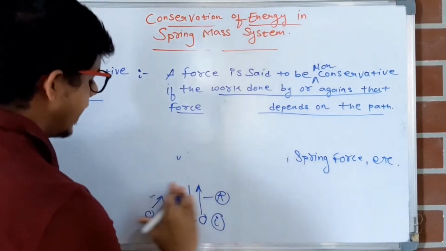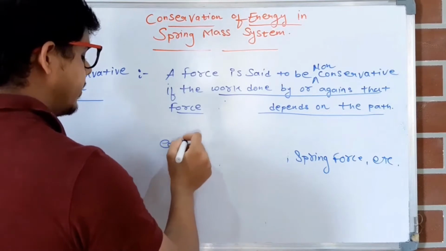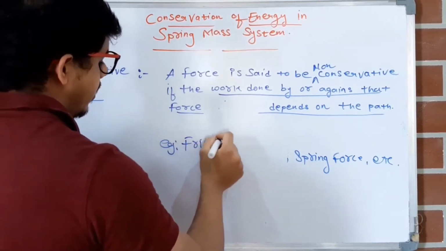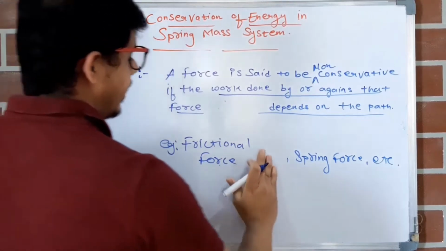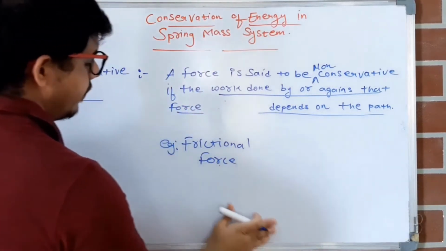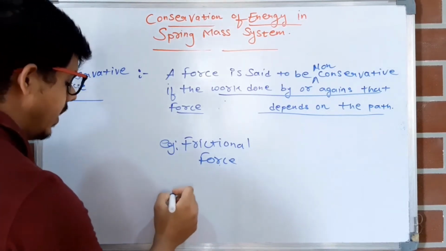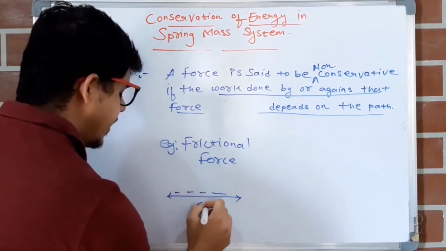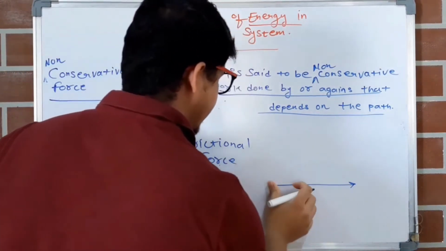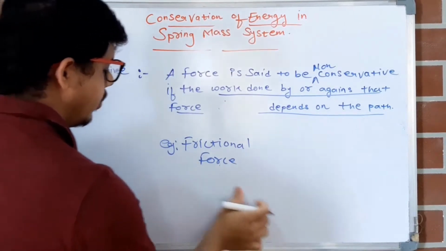So an example is our friction force. As you know, friction depends on the path: if the path is long, then the friction force is more. We will fix the final and initial positions first.